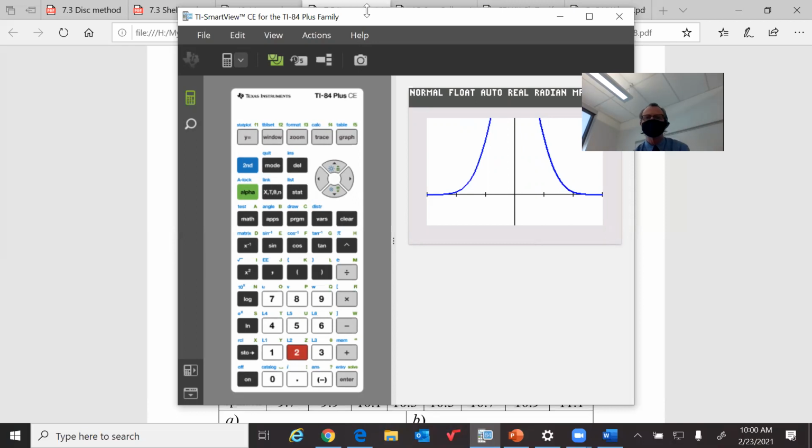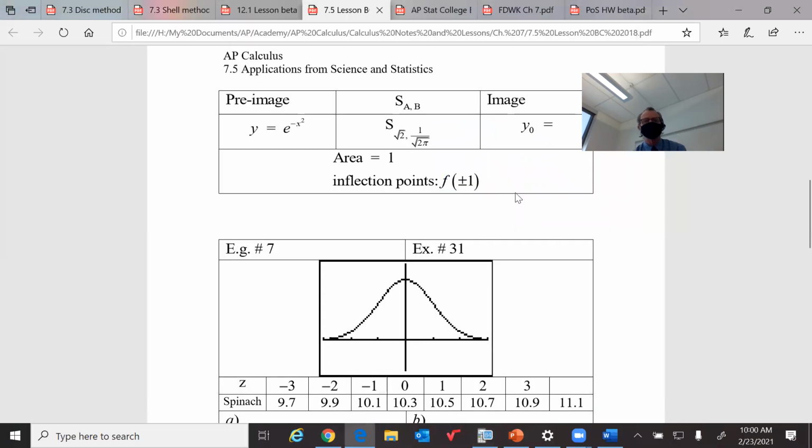It's not, because that's the pre-image. So what happens? We do a scale change to that. And our scale change is we expand our x's by a factor of √2 and our y's by a factor of 1 divided by the square root of 2 pi. What? Well, what that does is it makes the area of the curve 1, and it makes the inflection points occur at one step left and right.